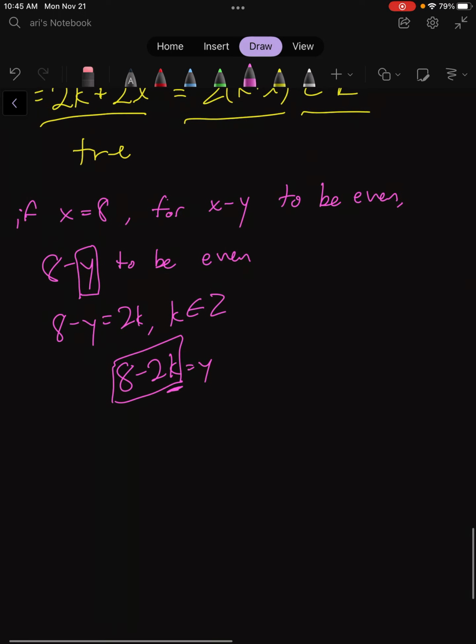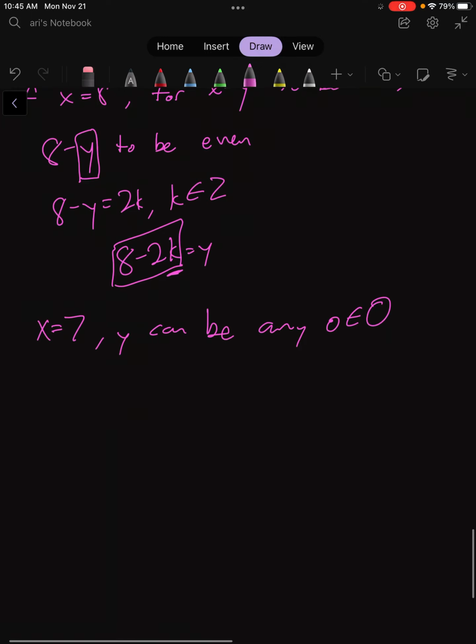And similarly, if x is an odd number, let's say x equals 7, y can be any odd number. So what these equivalence relations are is basically saying, let's say instead of subbing in a number for x, we sub in a number for y.